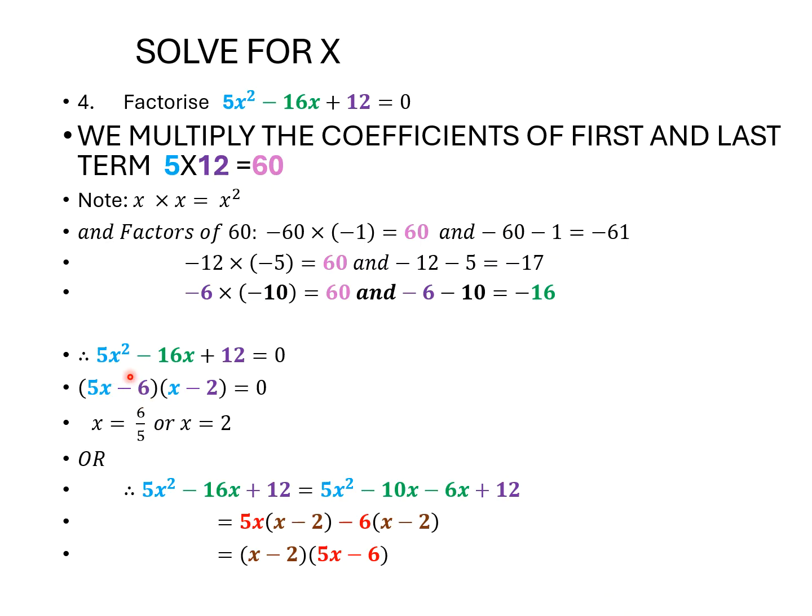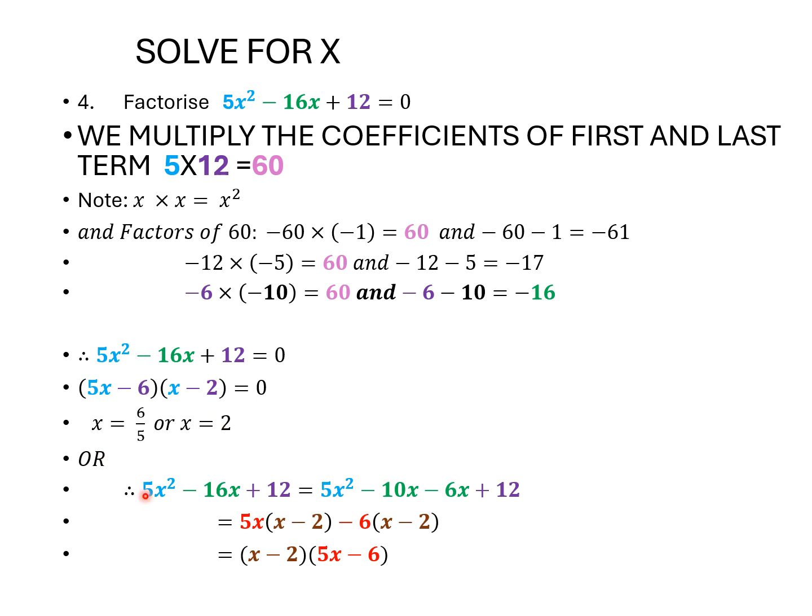So multiply 5x times negative 2 gives me negative 10. Minus 6x gives me negative 16x. And there I factorize it, so x equals 6 over 5. If I take 6 over, it becomes positive, divided by the 5 in front of the x, 6 over 5. X minus 2, if I take the 2 over, becomes x equal positive 2.